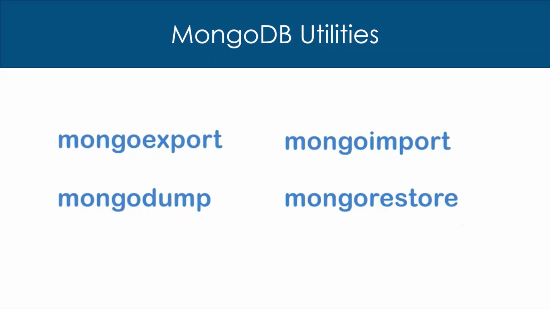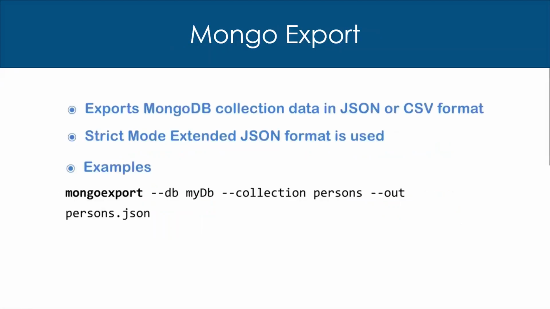Okay. Now let's start with the first, mongoexport. So mongoexport allows you to export your data either in a JSON format or CSV format. Generally, we use JSON format for storing the data. So the command is mongoexport. We generally use the mongoexport command on our command prompt.